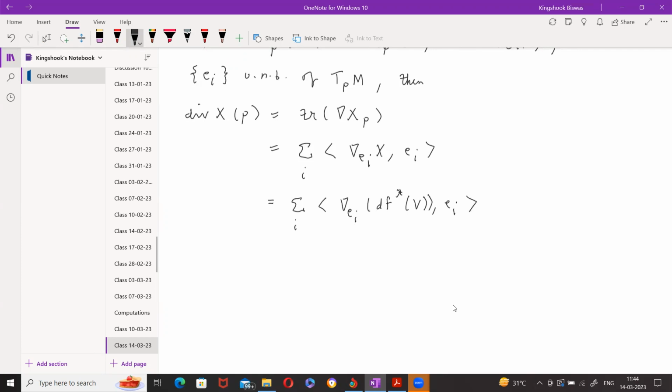So now, by the rules for covariant differentiation that we did last time, this df star applied to V, differentiating this satisfies a Leibniz rule. This is going to be nabla EI of df star applied to V plus df star applied to nabla EI of V, inner product with EI.